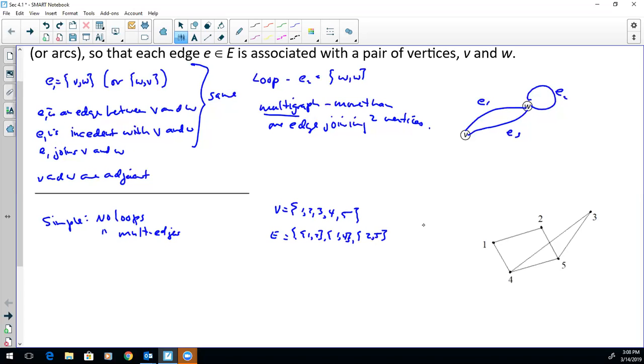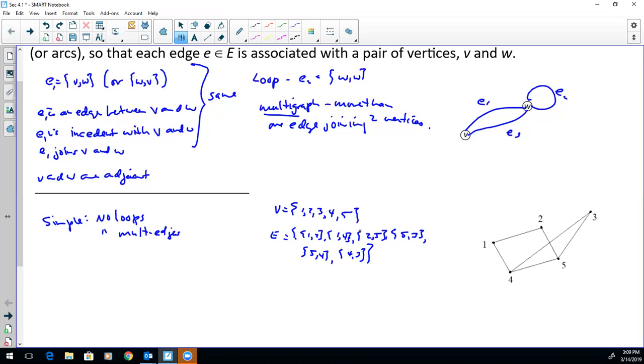Okay, there's an edge between 2 and 1, but I've already counted that here. Let's see, we have an edge between 5 and 3. We have an edge between 5 and 4, an edge between 4 and 3. That's 6 edges, and I believe that's everything.